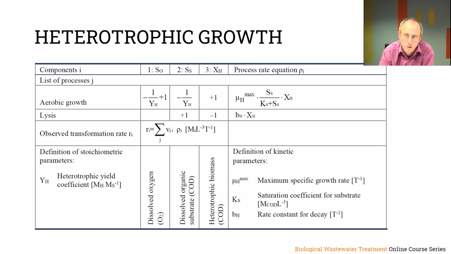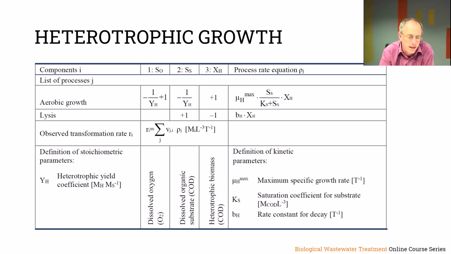We could also have used maintenance or endogenous decay here. They all work in a certain way, but the choice has been made to use lysis. And lysis is nothing else than that you have a cell, it dies and falls apart into substrate. It becomes substrate again and new cells grow on it.